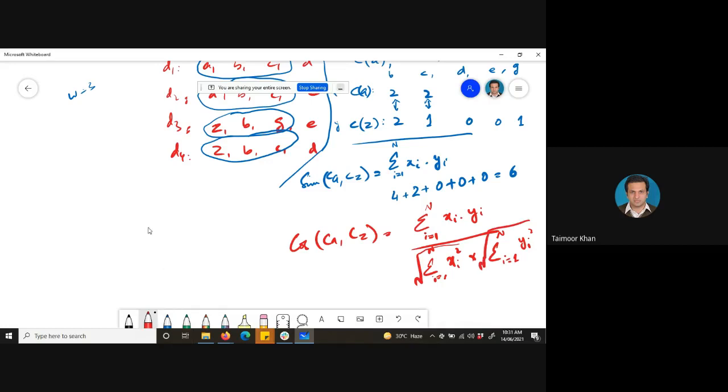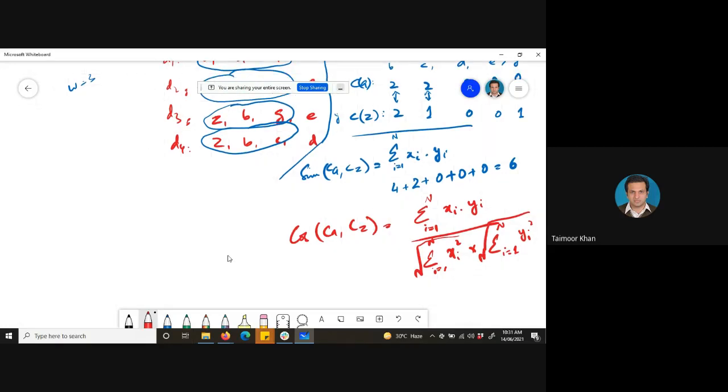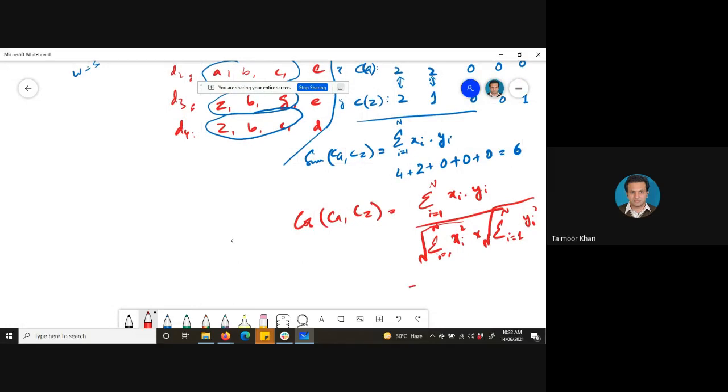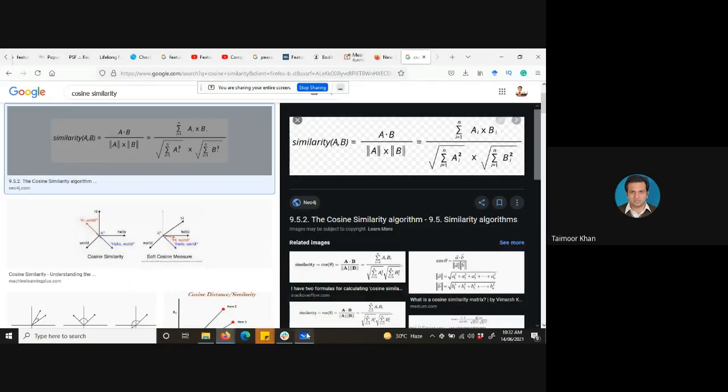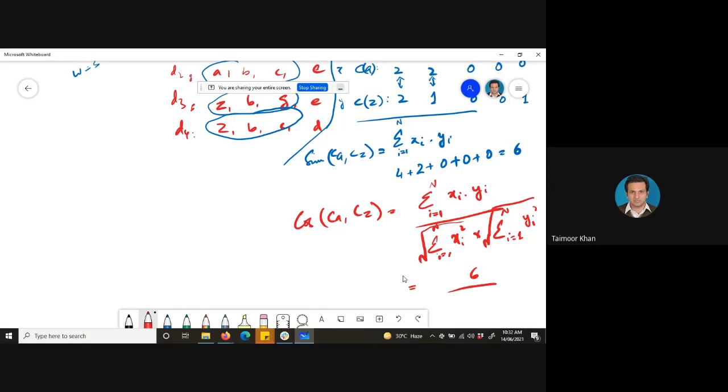So in the numerator we are going to get the score of 6 as we just calculated, and in the denominator we have the square of all values of x, the sum of it basically. So it's going to be square of 2 plus square of 2 plus square of 0 plus square of 0 plus square of 0.